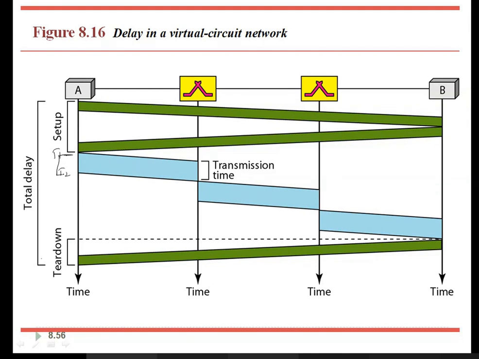This total time we call the transmission time. So delay is equal to 3T: 1T from here to here, this is the second T, and this is the third T, plus the transmission time, which may vary if the number of nodes increases.